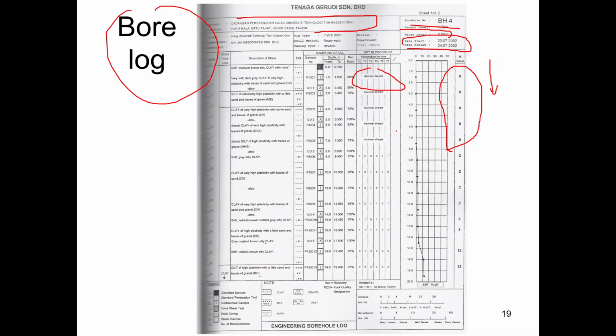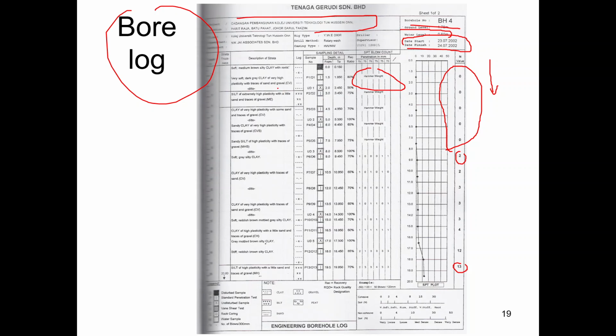Just imagine how soft our ground is up to 7 meters, and then the soil increases to 2, up to 13. This is how they classify the soil based on the sample we get from the split samples.